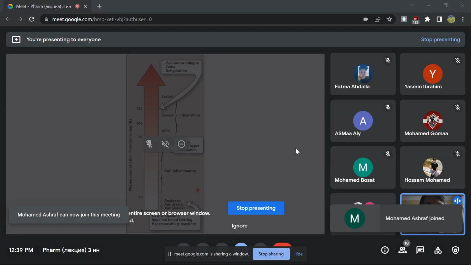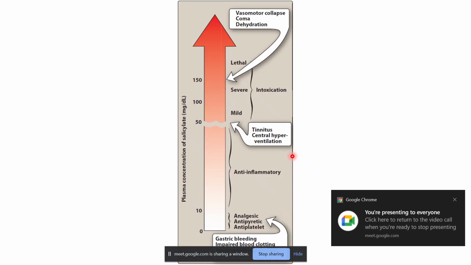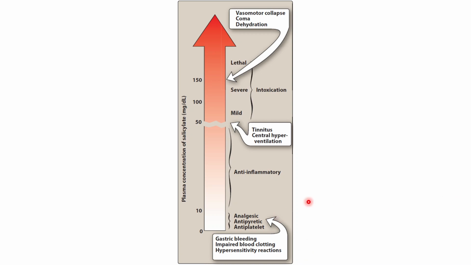And there is also an anti-platelet action that is only seen in the aspirin, because aspirin is a non-competitive antagonist of the cyclooxygenase, and this is only seen for the aspirin, but other drugs will only have the analgesic, antipyretic, and anti-inflammatory action.